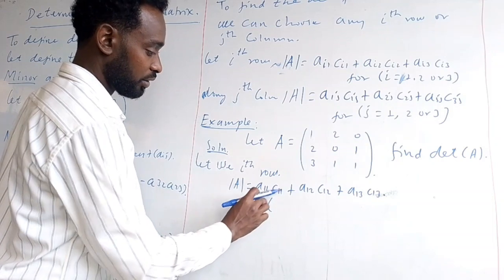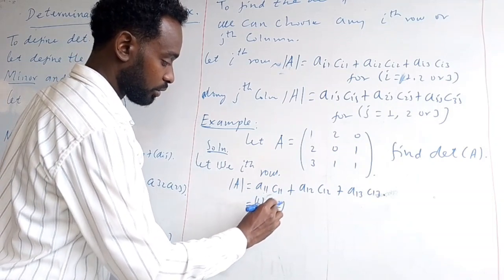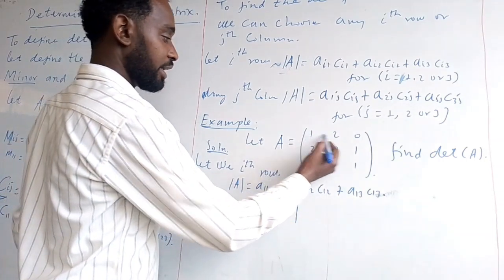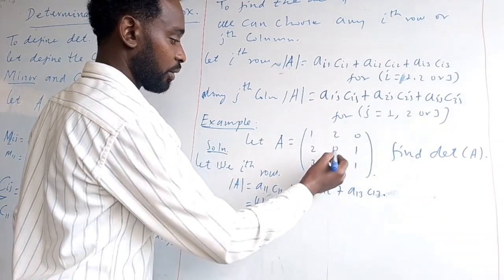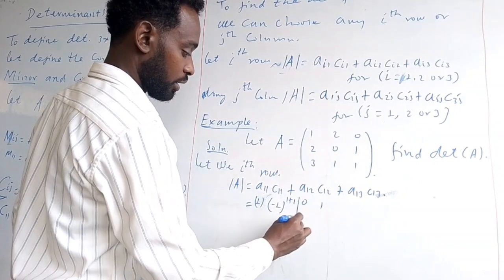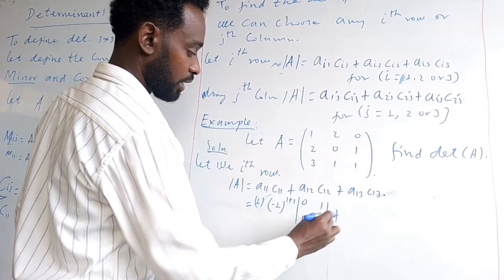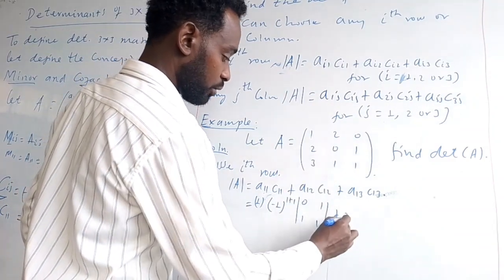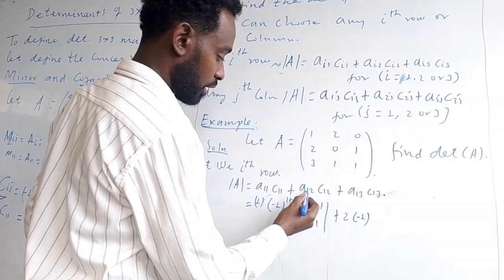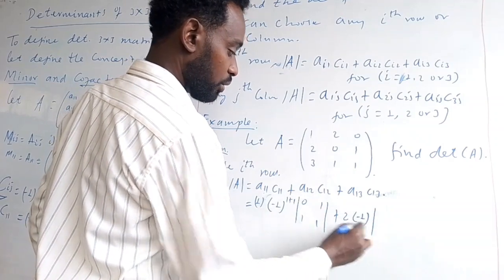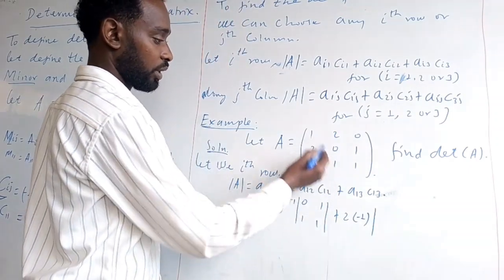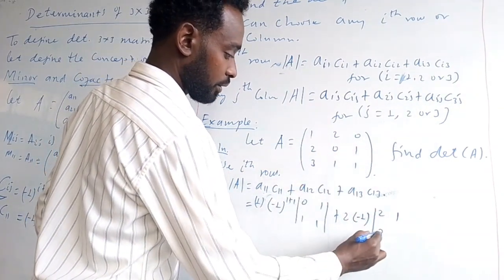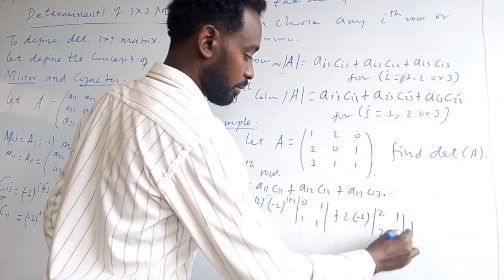A11 is 1 times C11, which is minus 1 raised to 1 plus 1, deleting the first row and first column, the determinant of 0, 1, 1, 1, plus A12 is 2 times minus 1 raised to 1 plus 2, that is minus 1 because minus 1 raised to 3 is minus 1.